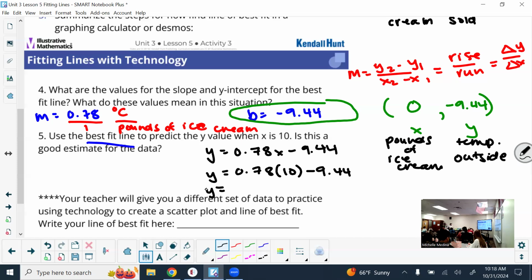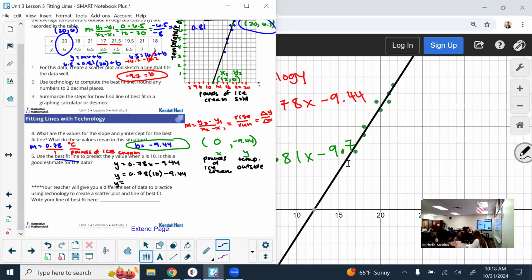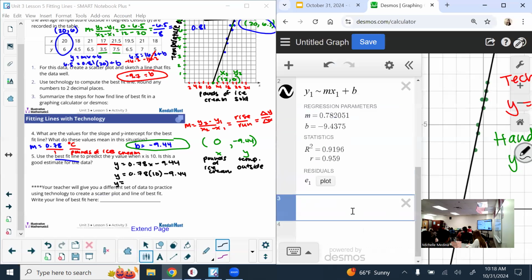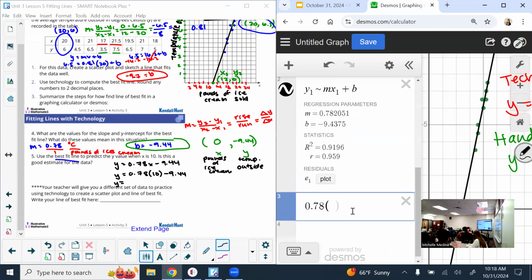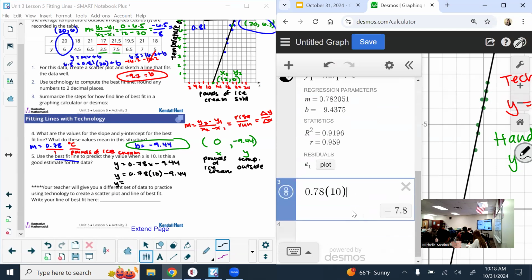And it's just a prediction. It's not like, oh, that will for sure happen when they sell 10 pounds of ice cream. But we use linear models to predict things that we didn't necessarily gather in our data. Hopefully you know how to use a calculator because the calculations are really not hard this unit. So that estimate, if you got it right, was negative 1.64.